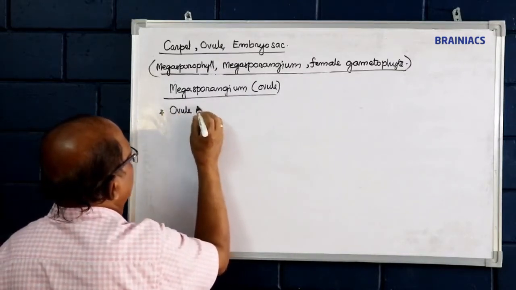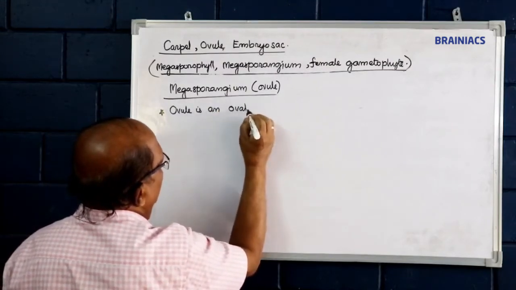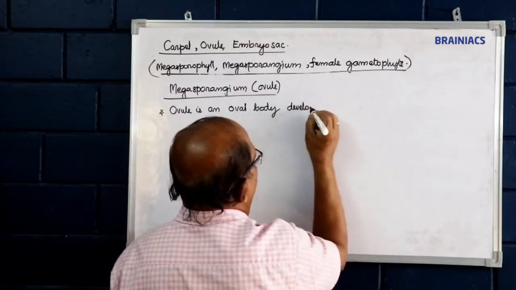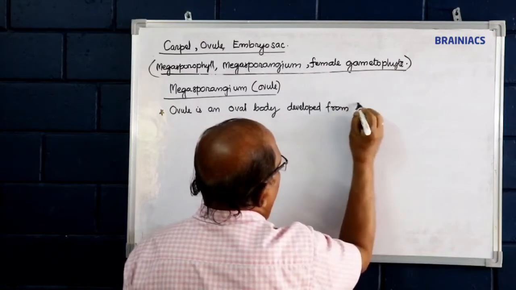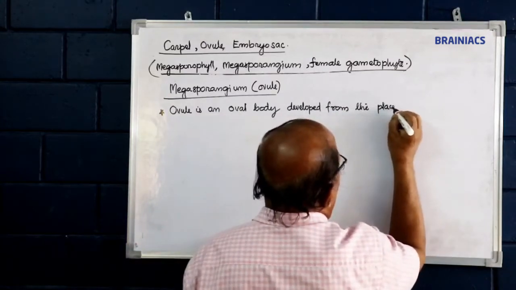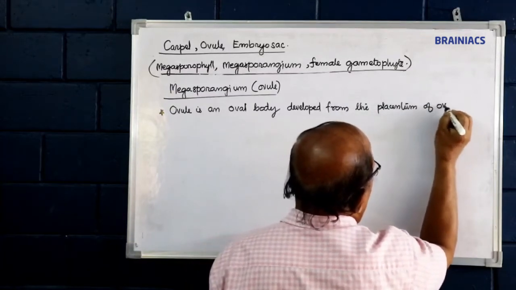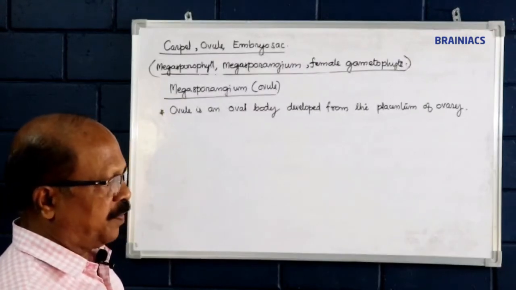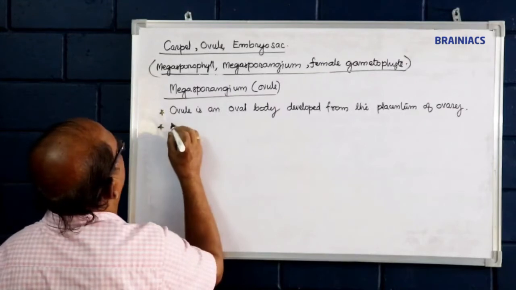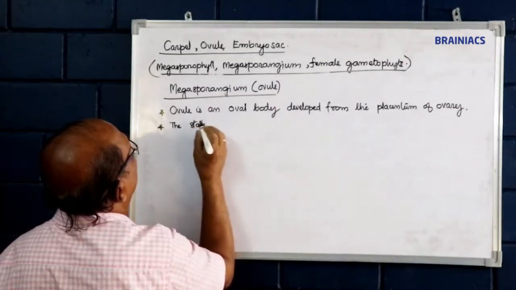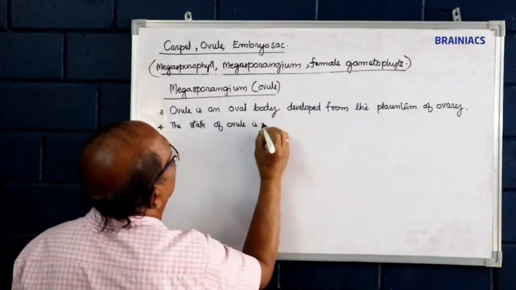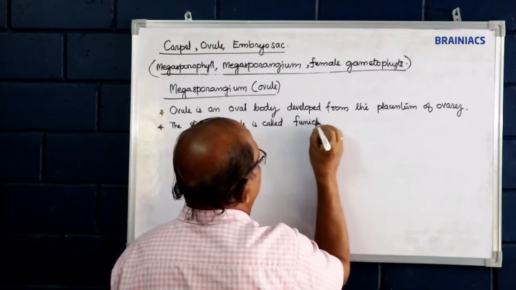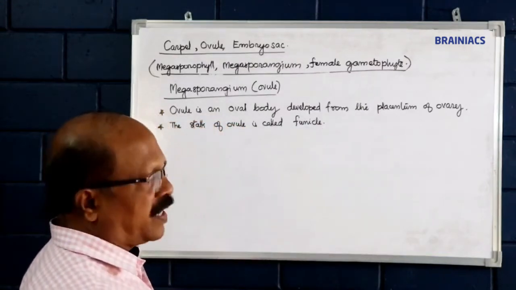Ovule is an oval body developed from the placentum of ovary. Stalk of ovule is called a funicle.